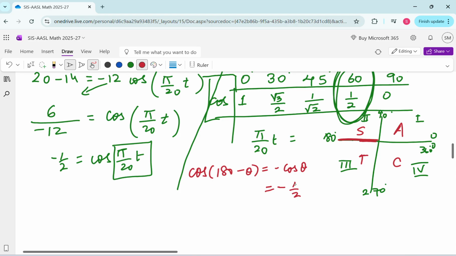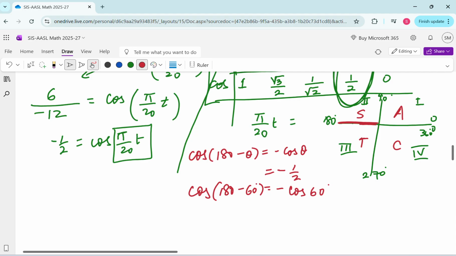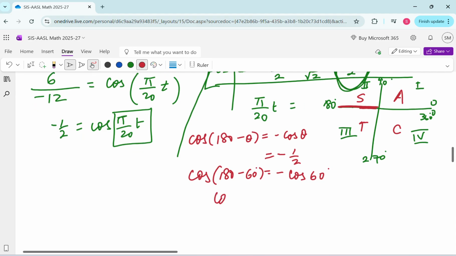Negative cos theta, that's the value, negative half. I can write it as minus cos 60 degrees. That means our theta is 60 degrees. So this can be written as cos 180 minus 60, which is nothing but cos 120. So cos 120 is nothing but negative half.